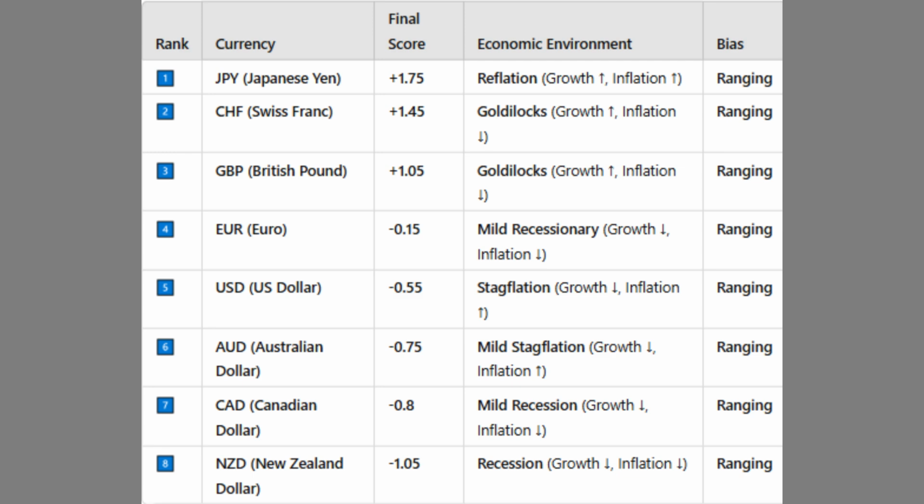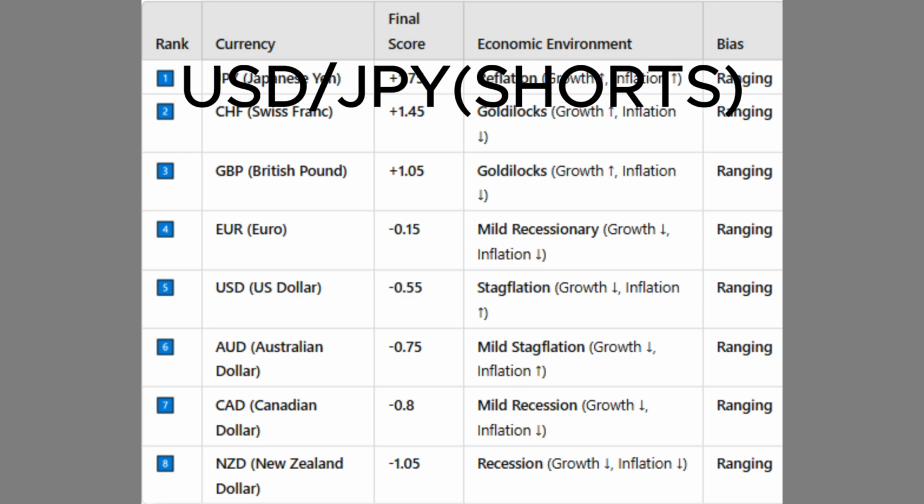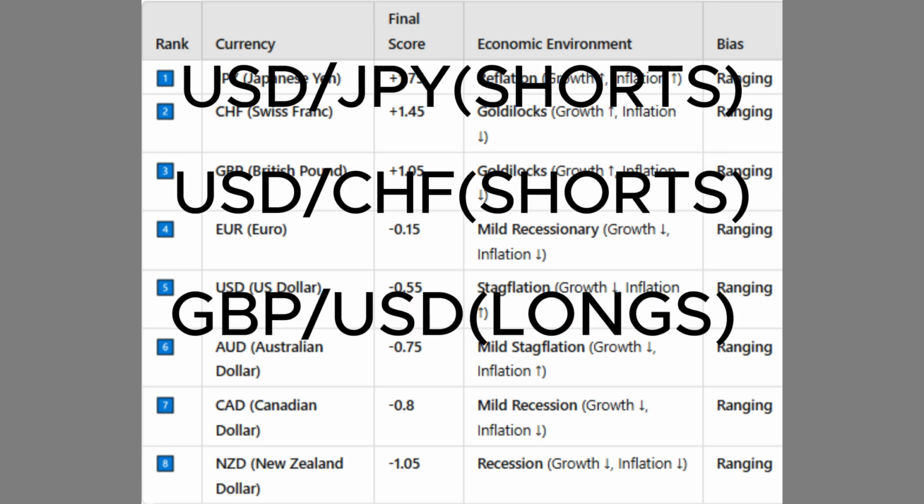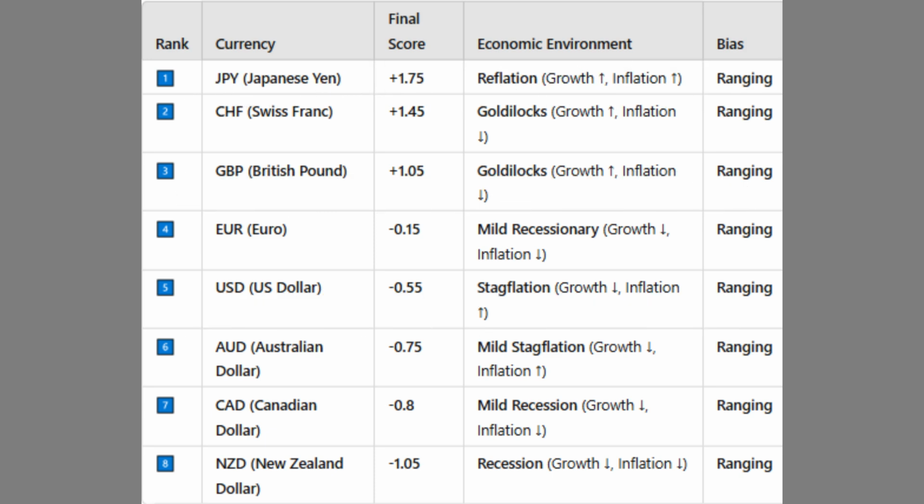So, pairing these currencies against the weaker ones, you will get better opportunities. Since I trade USD pairs, I'll be looking to short USD/JPY, USD/CHF, and buy GBP/USD.